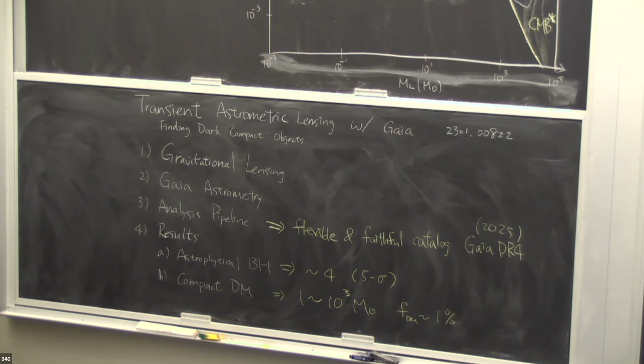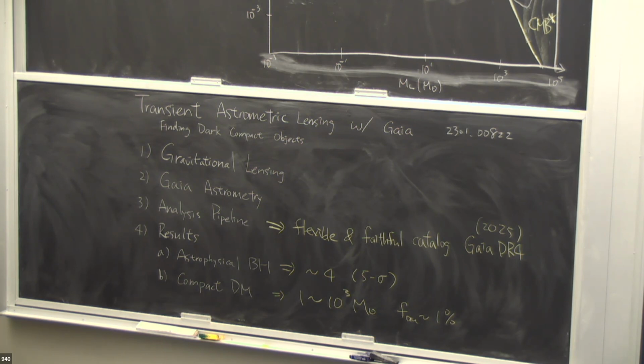In addition to this angular deflection, there's another effect, which is that the source will be brightened by the lensing effect. Think of it like a concave or convex lens that can collect more light, so the star would appear brighter, right?